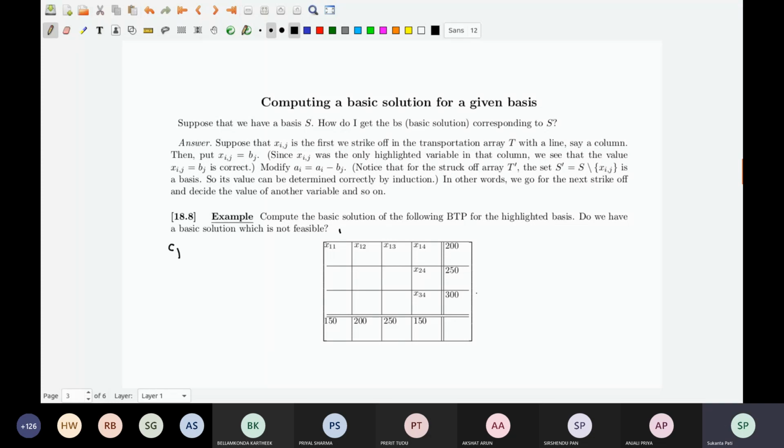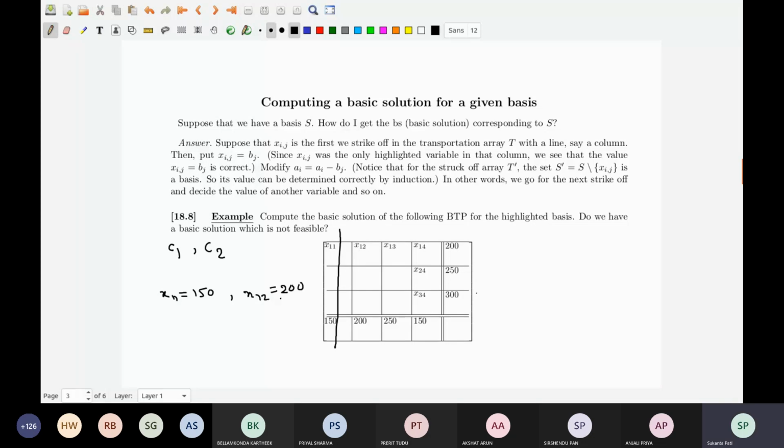So the moment I strike off column 1, it basically means I am taking x11 equal to 150, because that equality has to be satisfied. Then suppose I select column 2, then I take x12 equal to 200.